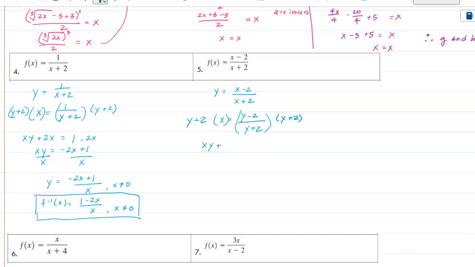Distribute: xy plus 2x equals y minus 2. That spreads the y's out, so I'm going to gather the y's on one side and move everything else to the other side.